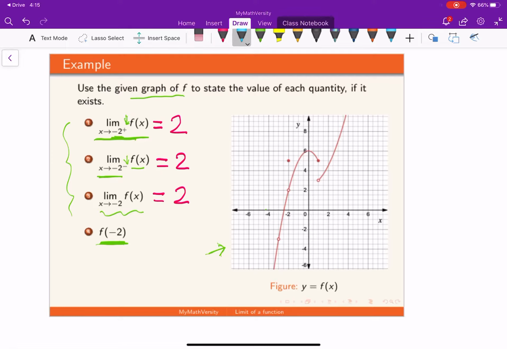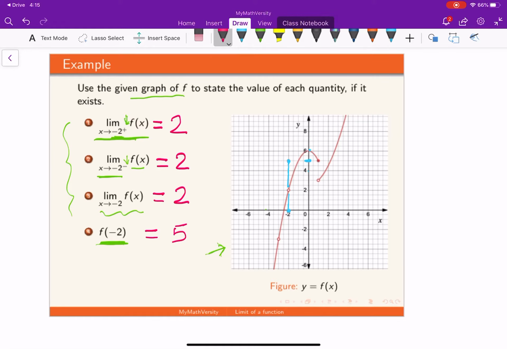Exactly at -2, the height of the curve is not determined by that location, because we have a hole there. That means the function is not defined there. The y value is actually determined by this solid dot, somewhere over here. What is that height? If this is 4 and that is 6, this must be 5. So the value of the function at -2 is equal to 5.